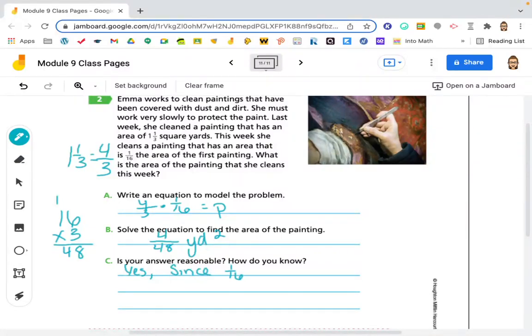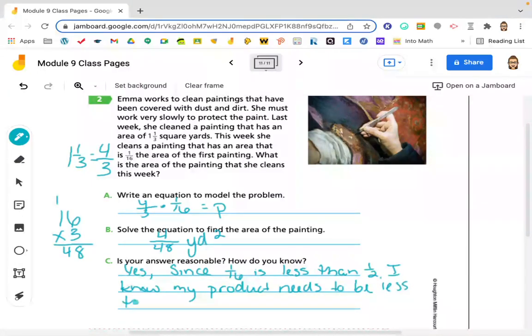Since 1/16 is less than 1/2, I know my product needs to be less than 1/2 of 1 1/3. And 4/48 is less than that.